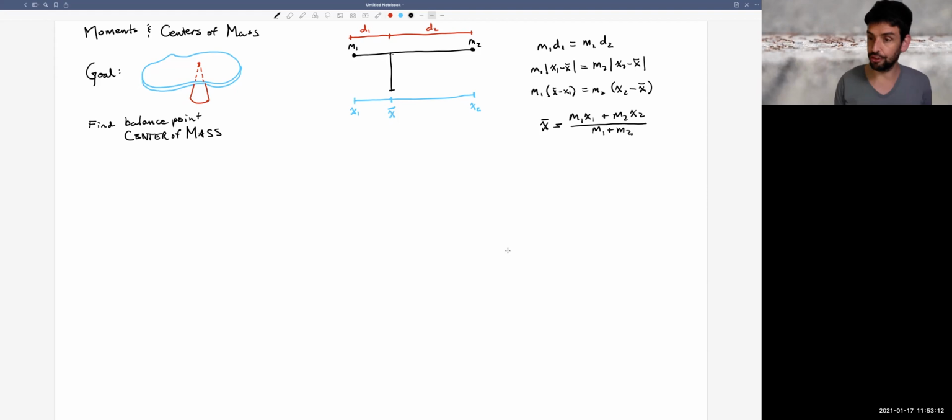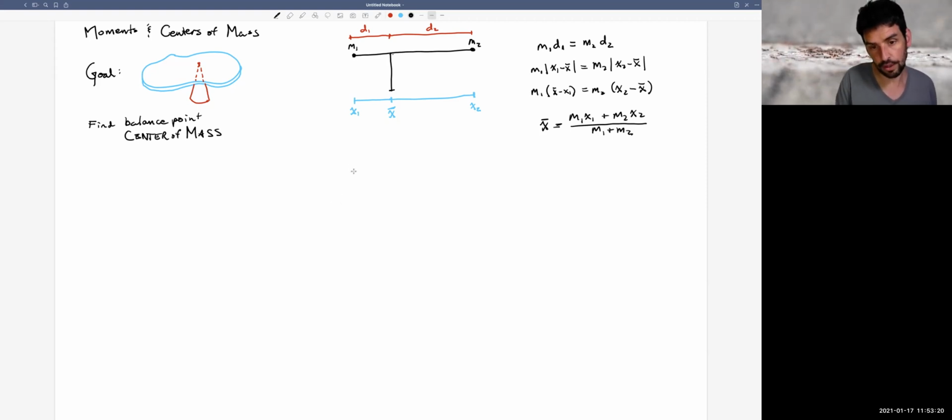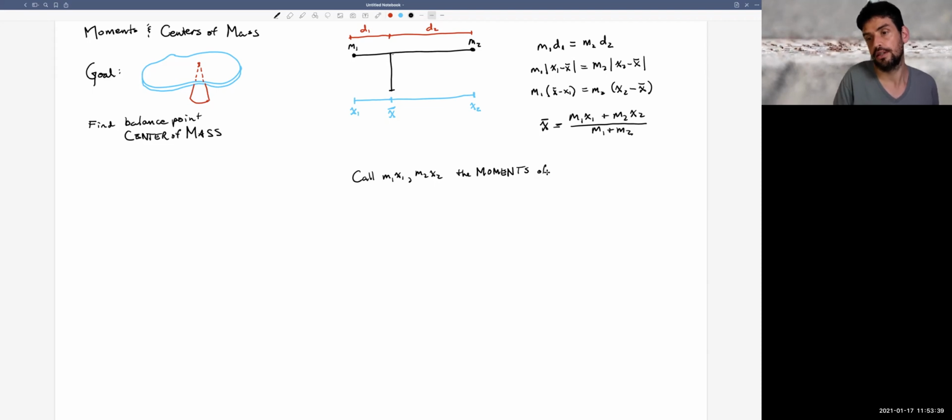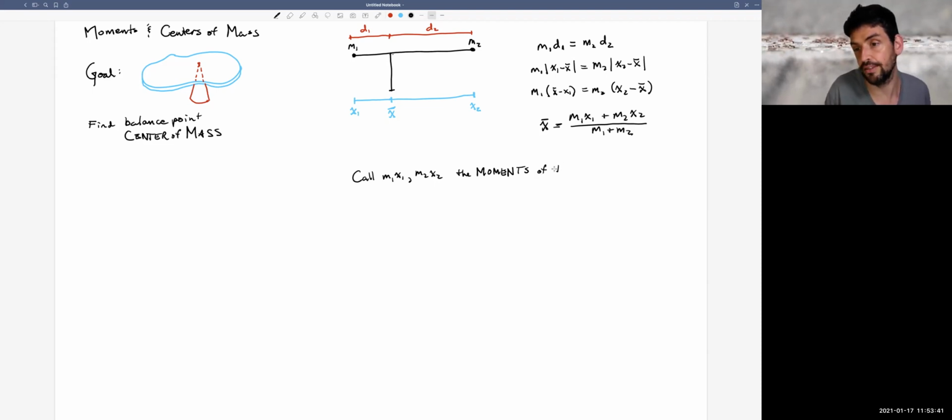So let's throw some notation or some vocabulary on here. We will call m1 times x1 and m2 times x2 the moments of the masses m1 and m2.